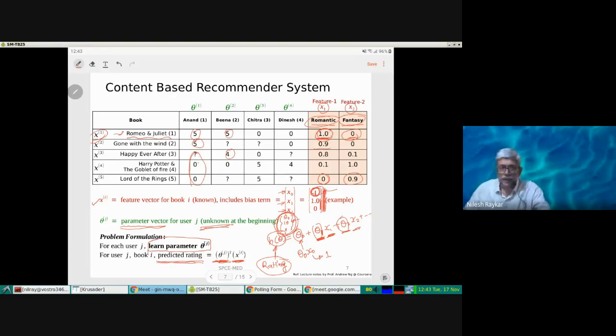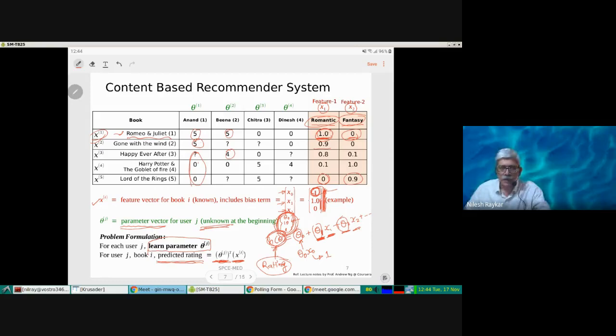The second thing needed to calculate the rating, which is the unknown you want to predict, is the user preference for each of the features. That is defined in terms of the user parameter vector, or the theta vector. If you take the dot product of these two vectors, you will get the rating value given by each user for each of the books.